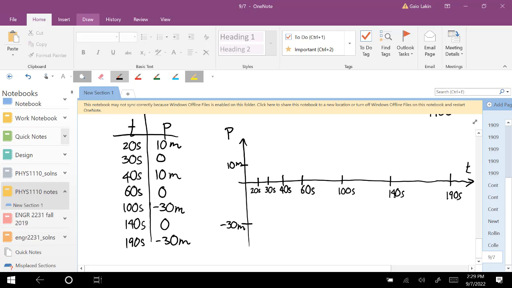And now just plot these coordinate pairs. 20 seconds, 10 meters. 30 seconds, 0 meters. 40 seconds, 10 meters. 60 seconds, 0. 100 seconds, negative 30. 140, 0. And 190, negative 30. And if you plot these, it looks like that.